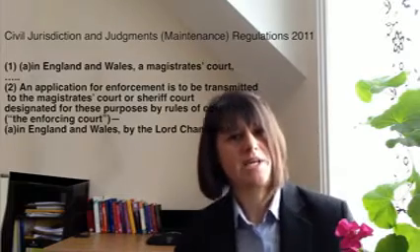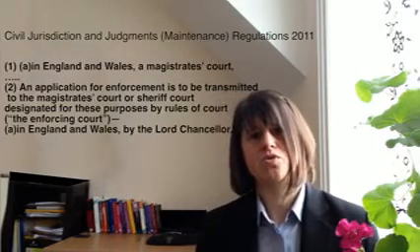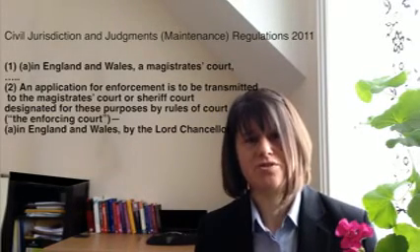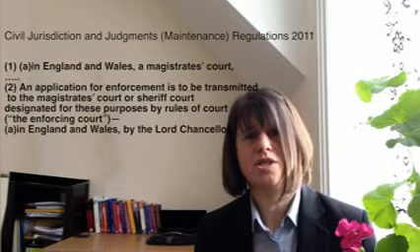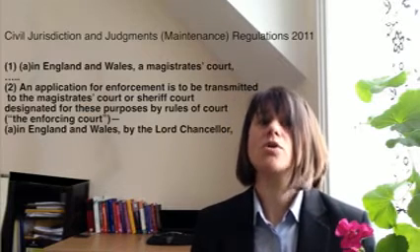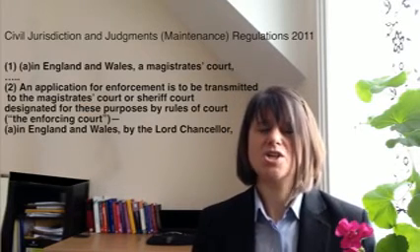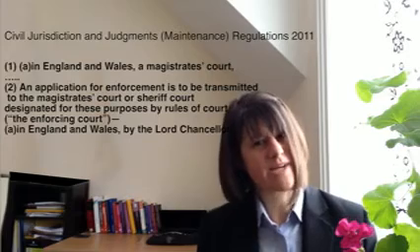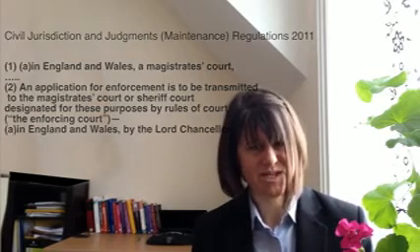So I can't make an application direct to the Magistrates Court. It has to come from the central authority to the Magistrates Court, and the central authority won't accept direct applications. So really, the only applications that are available through the maintenance regulation are Article 56, through the central authorities.